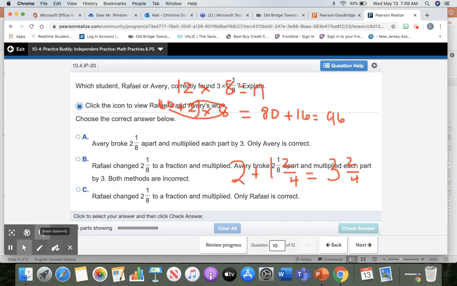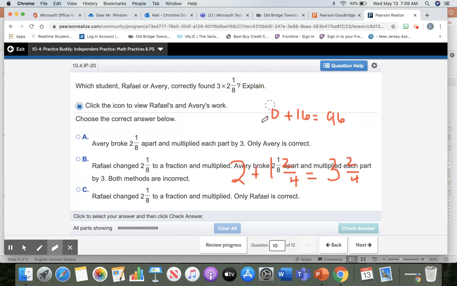So we're going to go ahead and look at the word problems, because I know you always have questions about your word problems. It says here, which student, Raphael or Avery, correctly found 3 times 2 1/8. Avery broke it apart and multiplied each part by 3.